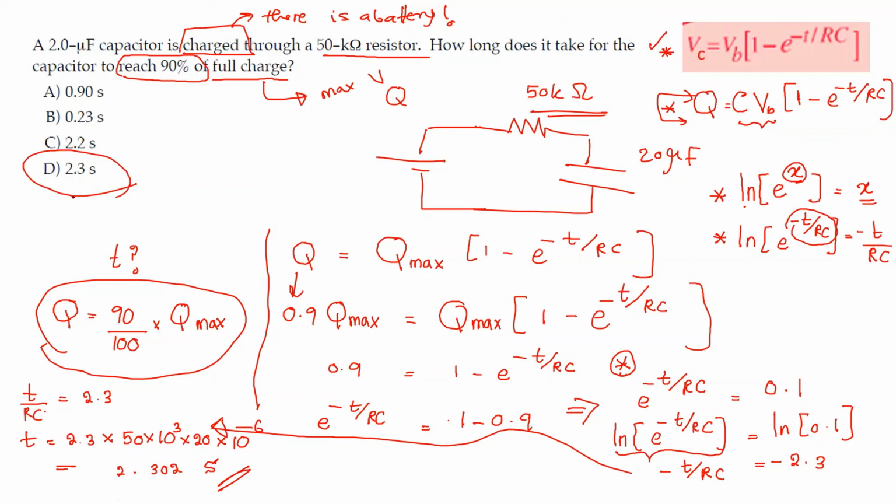So is this clear? This part is new to you. Some of you might know this, but you might need this to do problems. So I want you to learn this and practice this. Okay. So we are done with charging a capacitor, which is the hard part.